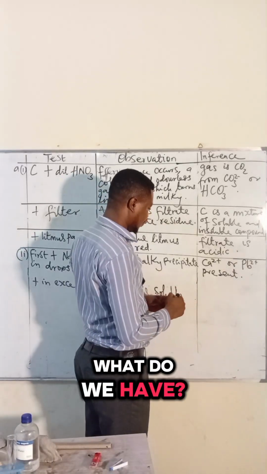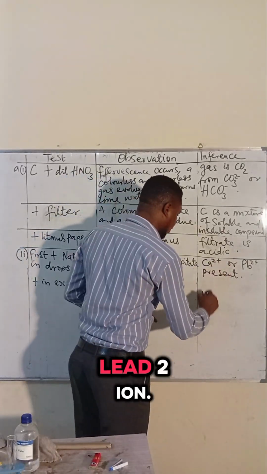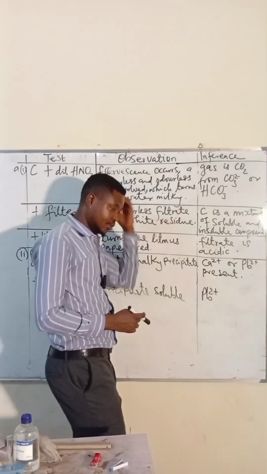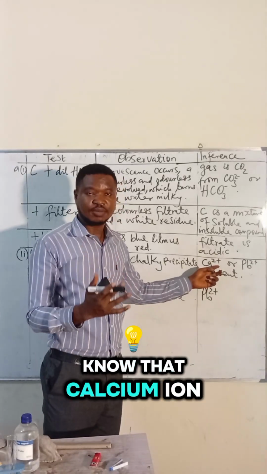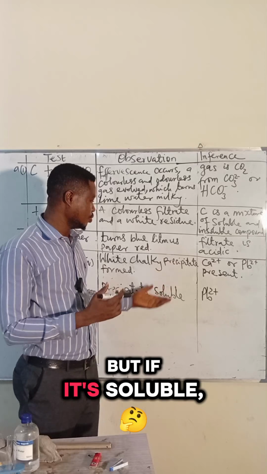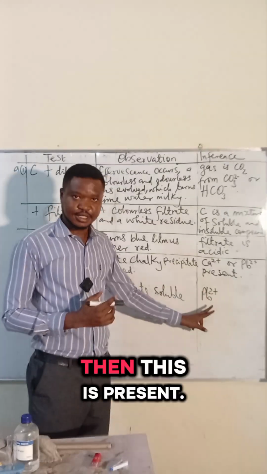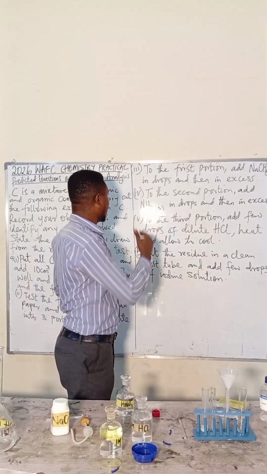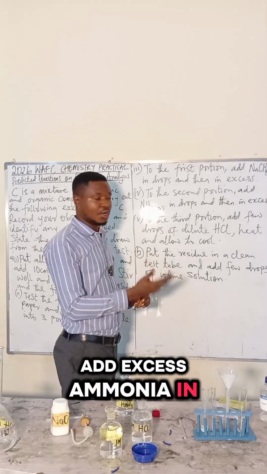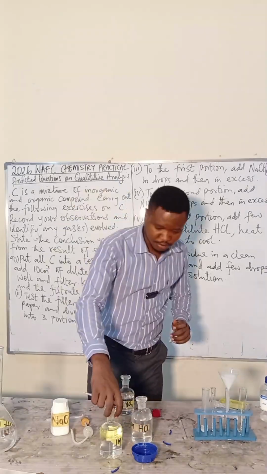What do we have? Lead 2 ion. If it's insoluble, then know that calcium ion is present, but if it's soluble, then this is present.